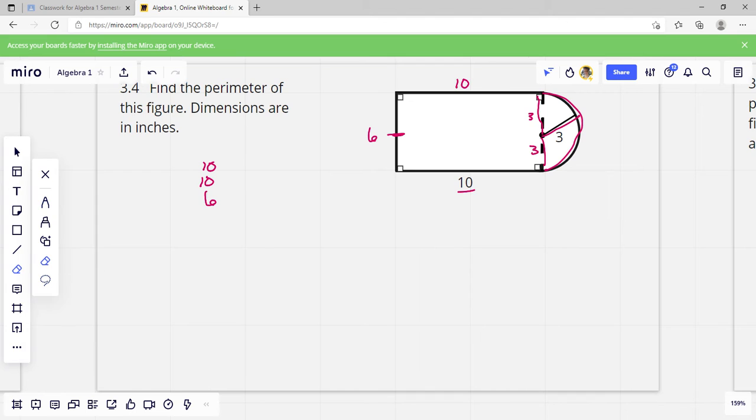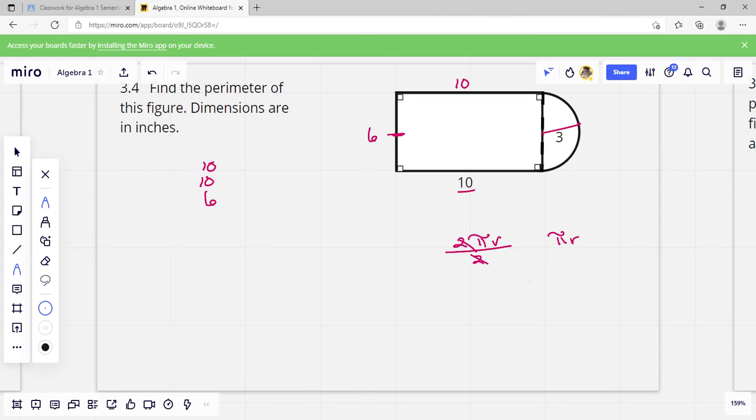So to do that, we're going to need to find half a circle whose radius is 3. So radius is 3 right there. So we're going to say 2 pi r, right? But we only need half of that, so divide by 2. That means we just need pi r, right? Because we only want half of the circle.